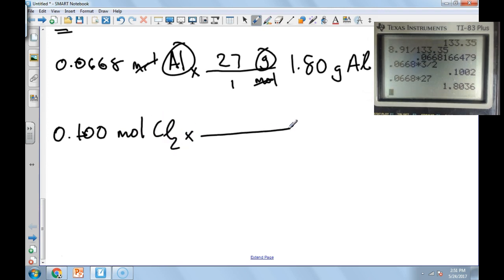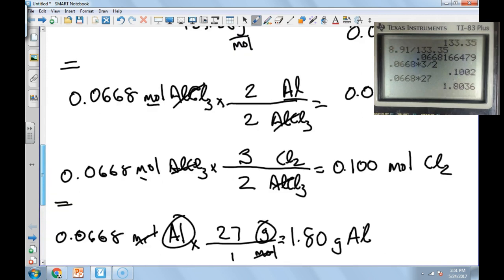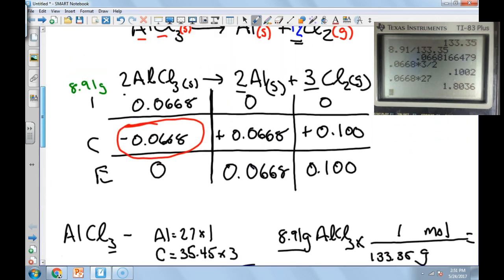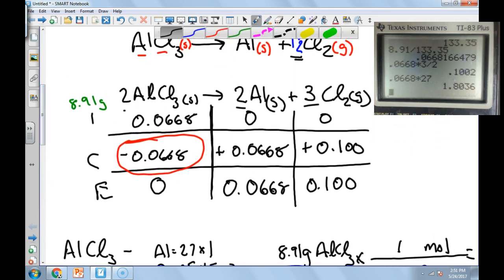We X-line it, and chlorine has a molar mass of 70.9 grams for every 1 mole. Moles cancel. We're left with grams of chlorine, and so that is 7.09 grams of Cl2.